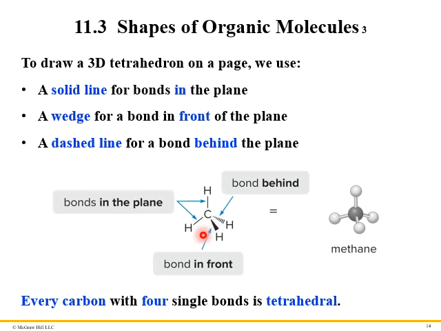And if you're looking to represent a bond that is going away from you, behind the plane of the screen, then you use a dashed line. That's how you go from the structure on the right to the structure on the left. Every carbon with 4 single bonds is considered to have a tetrahedral geometry.